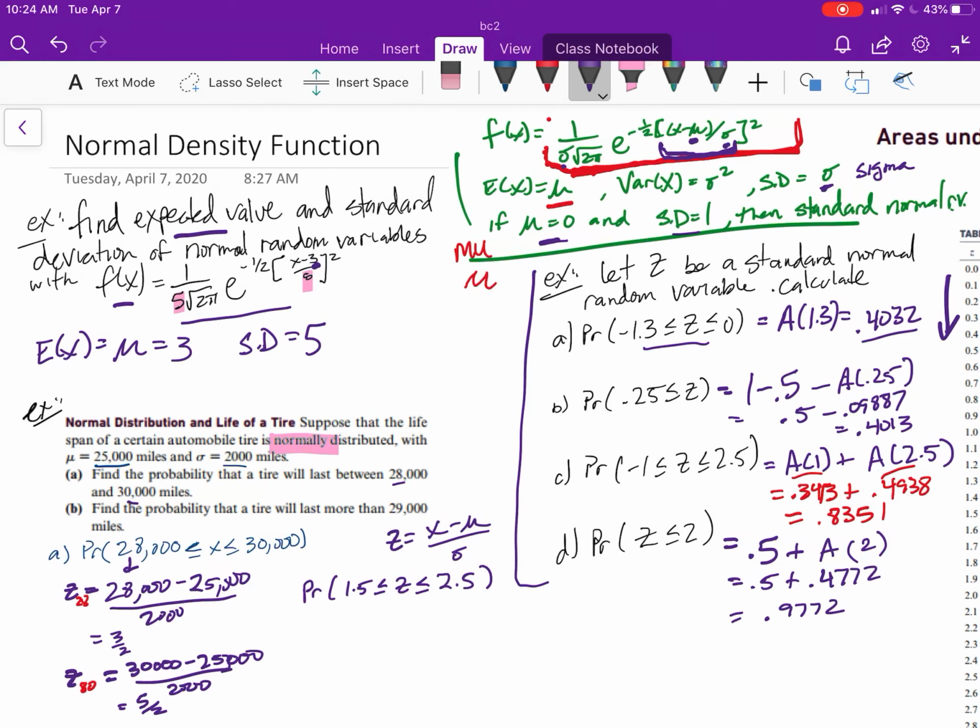Okay, so part A is equivalent to asking between 1.5 and 2.5. Now before I scroll over the table, if I had this curve, between two numbers, that's going to be equivalent to taking the 2.5, all of this, and subtracting out the 1.5, which would be that. So this is equivalent to the area of 2.5 minus the area of 1.5.